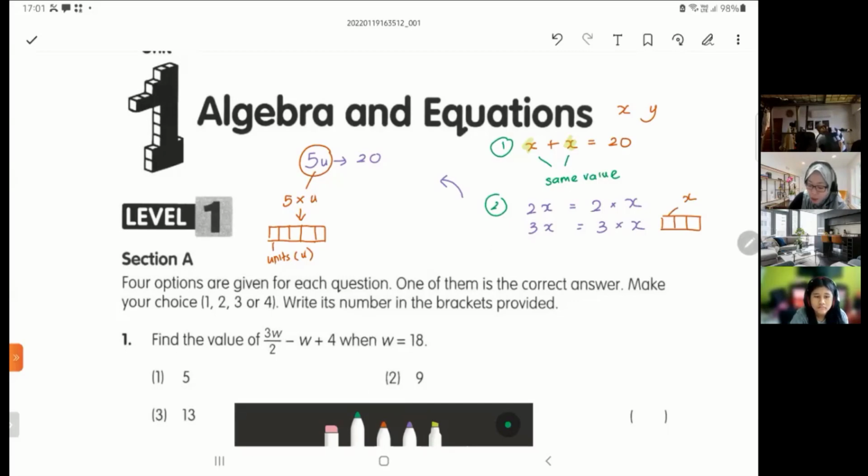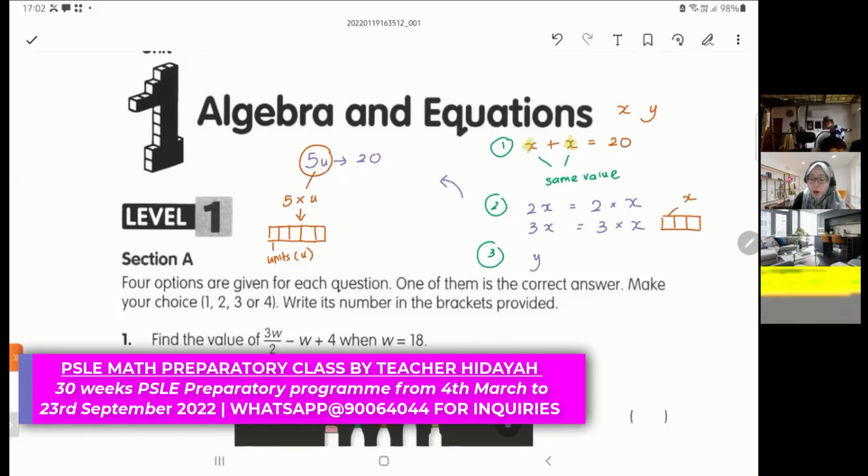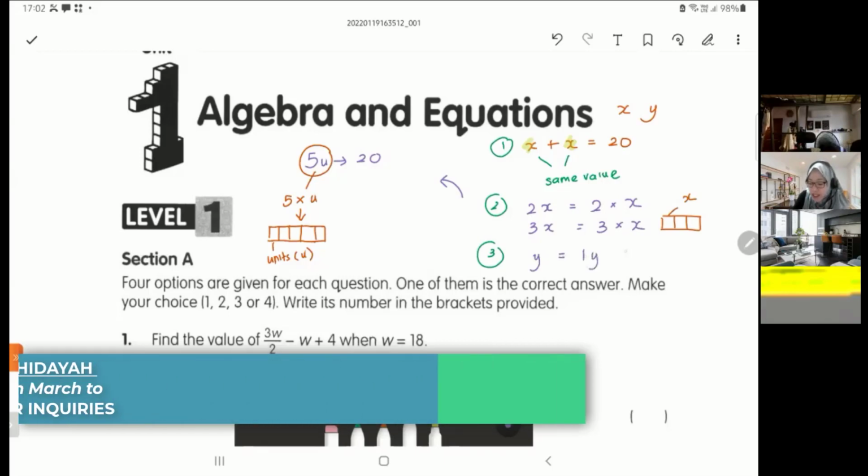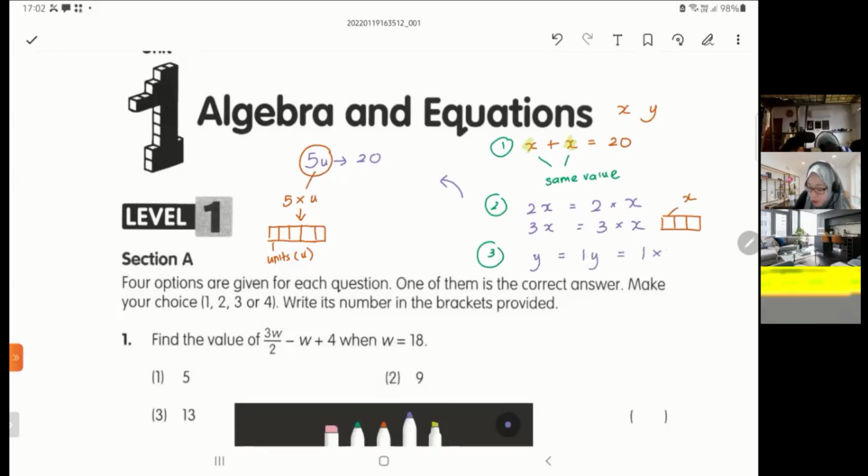Now, rule number 3: for any single letter, there is an implicit, a known, number 1 in front. Example, if I have just y, y is actually 1y, which is 1 times y.